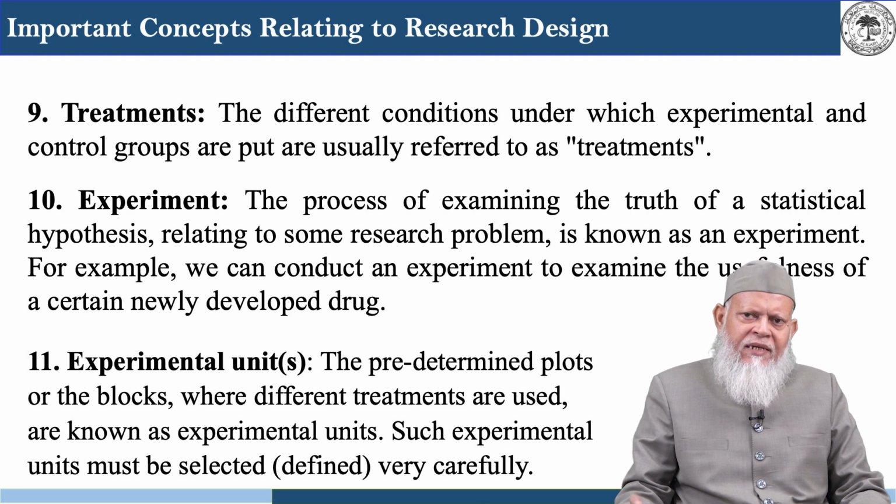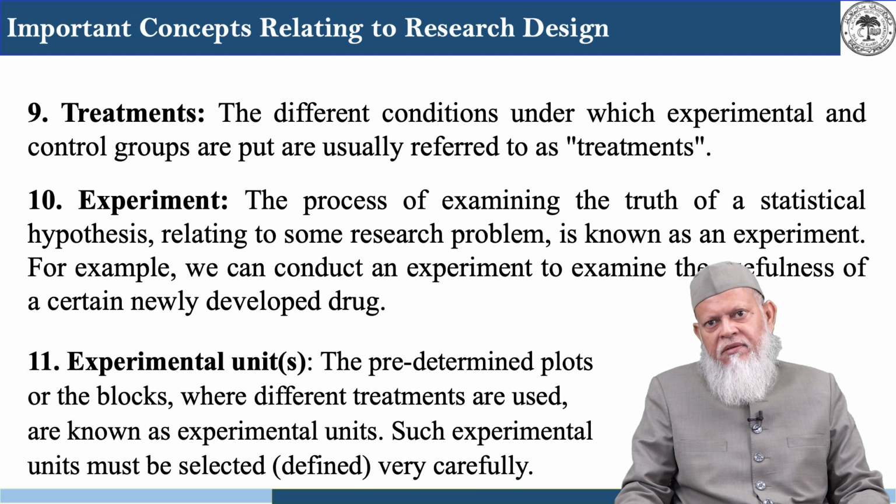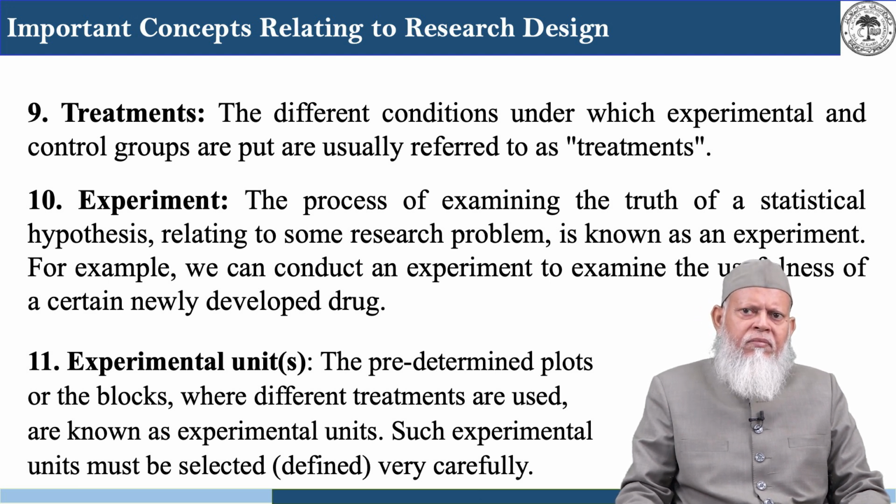So, that policy which we are going to study is the treatment, and we would make a control group where the normal system works on, whereas in the experimental group of population we would be studying the impact of that policy, that is the treatment.